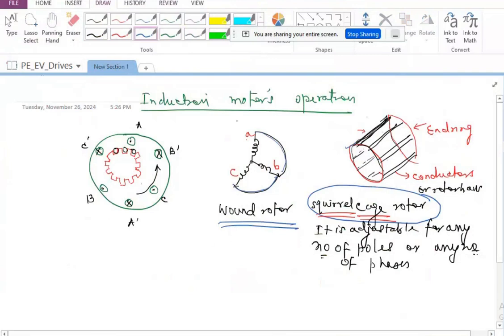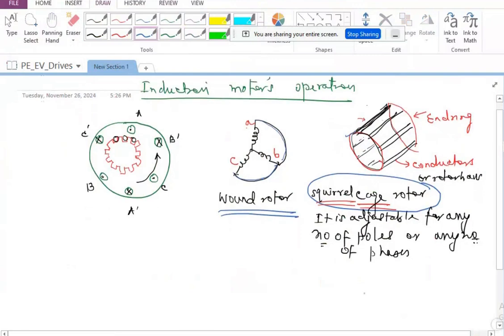Now, coming back to the principle of operation, if I have a revolving magnetic field like this, as I told you, it is as good as having a north pole on one side and a south pole on the other side, and continuously rotating that at 3000 RPM or something like that. Now I have the rotor conductors which are short circuited with the help of the end ring, placed inside the stator.